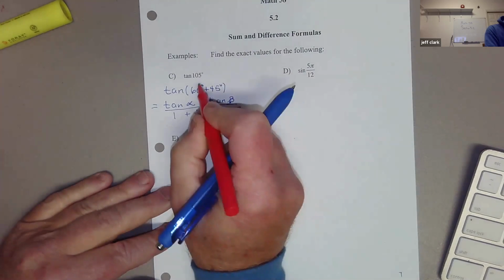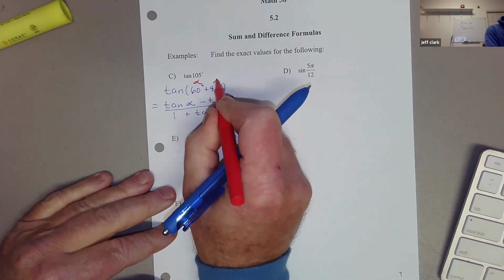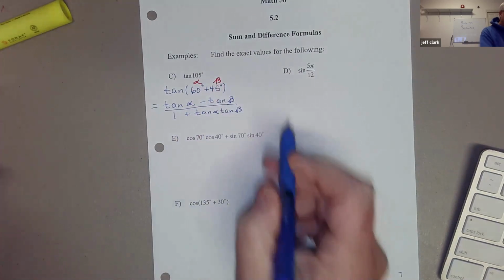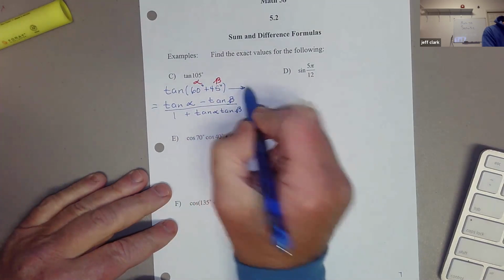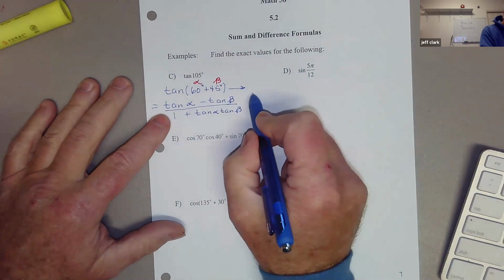Okay, so this is your alpha, and this is your beta. So here we go. Okay, I need a fraction.